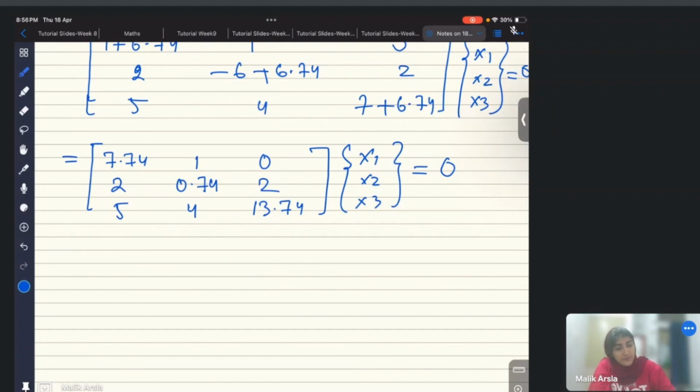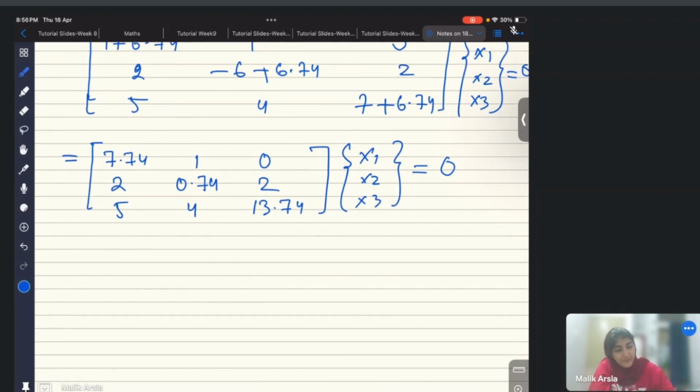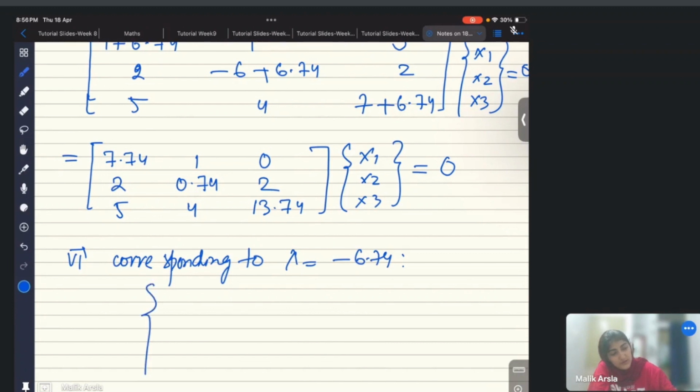The v1 vector corresponding to lambda equal to minus 6.74 is simply equal to 0.53, minus 4.091. You know how to do it. We have done it many times previously also.